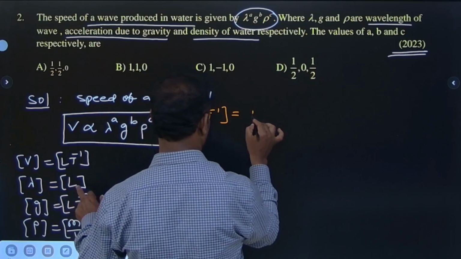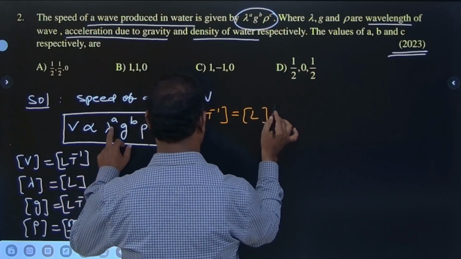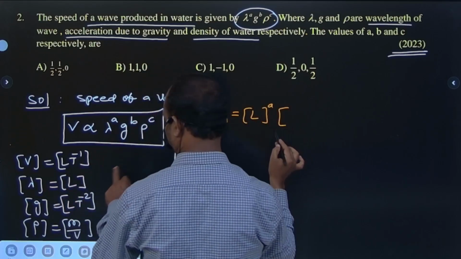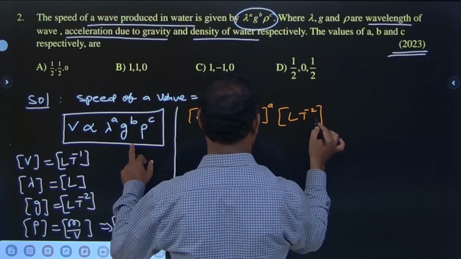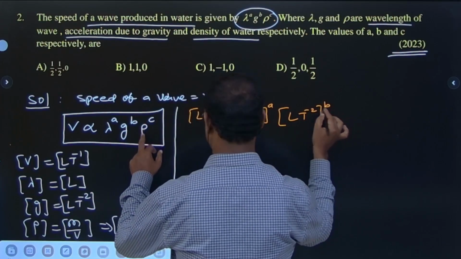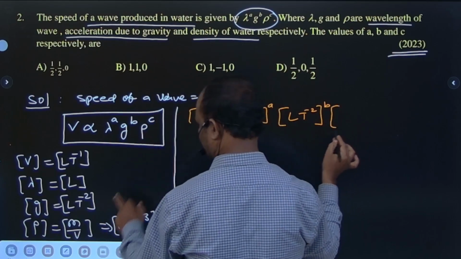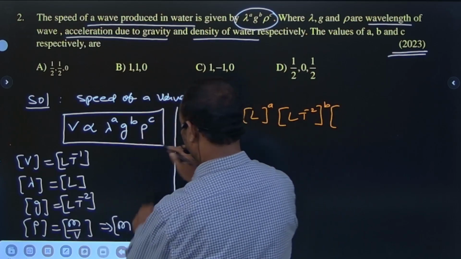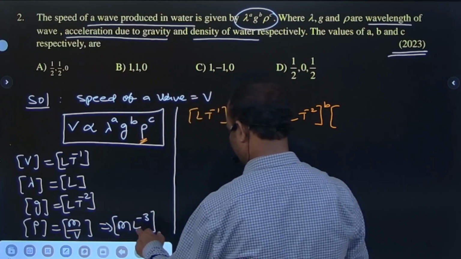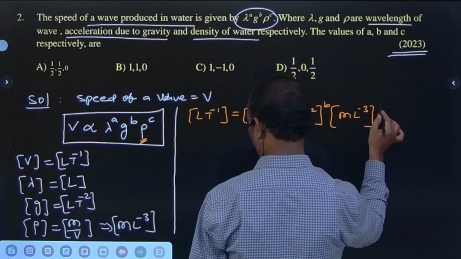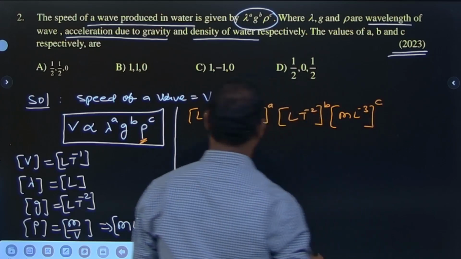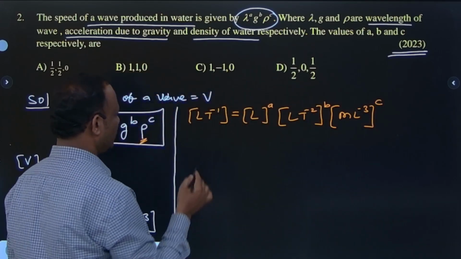Lambda is L to the power of A. G is LT to the power of minus 2, whole power B. Density is M L minus 3 to the power of C. Now we should simplify this.